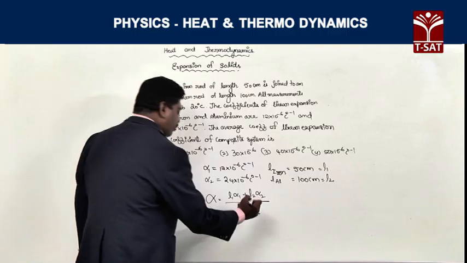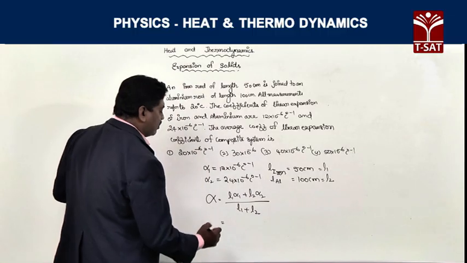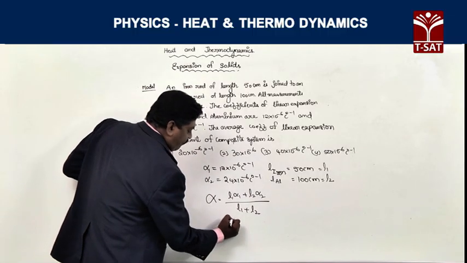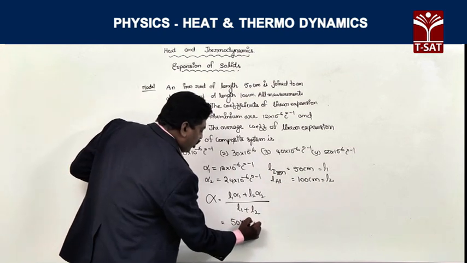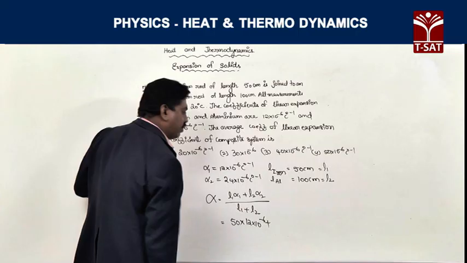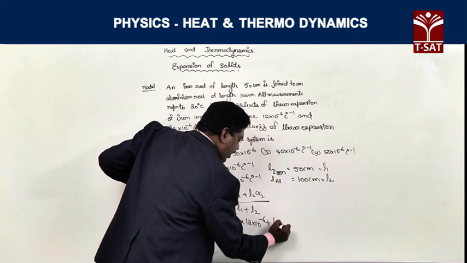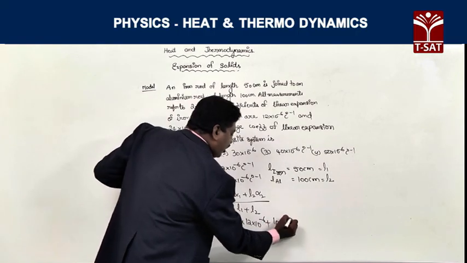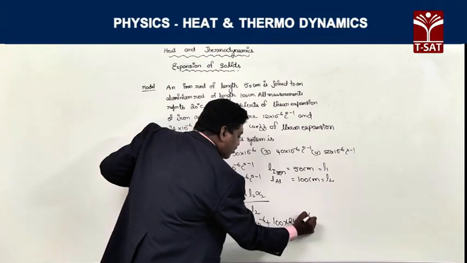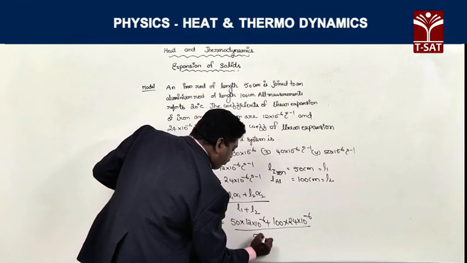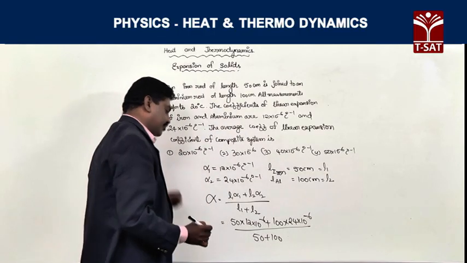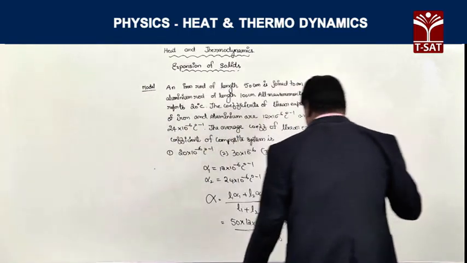From this we get 50 into 12 into 10 to the power of minus 6 plus 100 into 24 into 10 to the power of minus 6, divided by 50 plus 100.